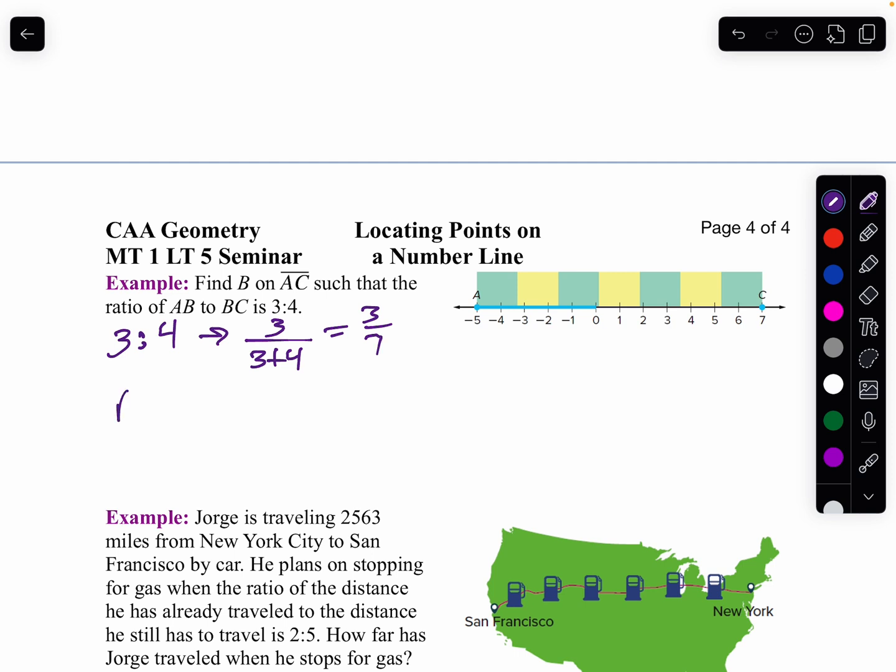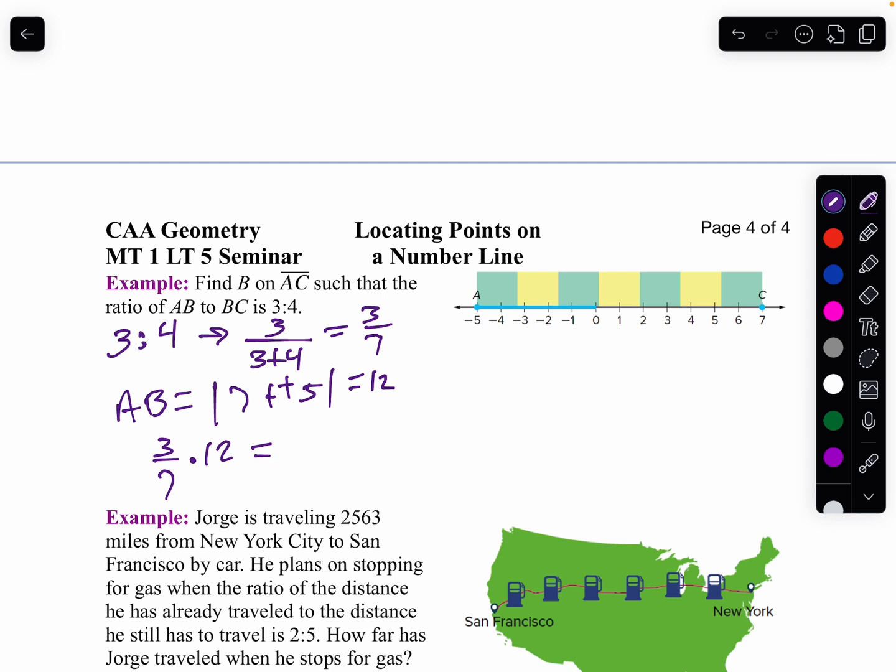So my distance from A to B, I'm going from 7 to -5 again. So I'll say 7 minus a -5, and I'll get 12. Then I'm going to take 3/7 of 12. And that does not turn out very nice, does it?